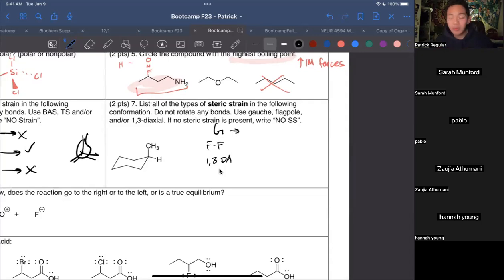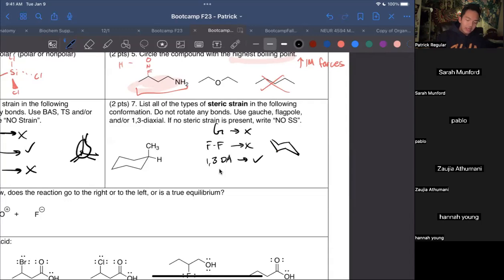We don't have 2 methyl groups. We only have 1 methyl group. Flagpole, we don't have a boat conformation. Automatically, no. Now for 1,3 diaxial, do we have a methyl or any kind of alkyl group in an axial position? Yes, we do. So the only type of strain we have is 1,3 diaxial.